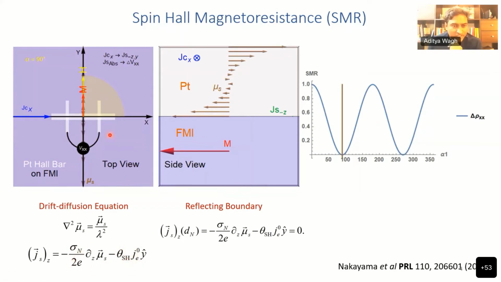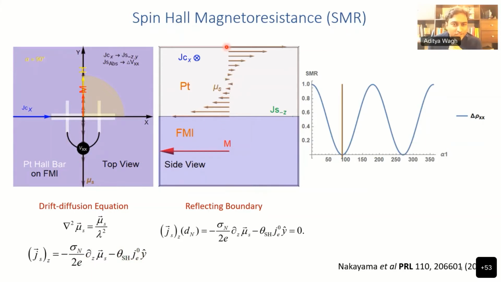So what happens when you apply a charge current? Because of the spin Hall effect, spin up and spin down electrons get separated and move in opposite directions. That's why you get a spin drift current, given by this, where theta_SH is the spin Hall angle. Once spin starts accumulating at the interface of the platinum, you will always have a spin diffusion current flowing in the opposite direction.